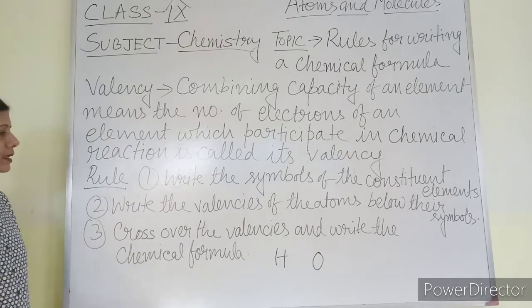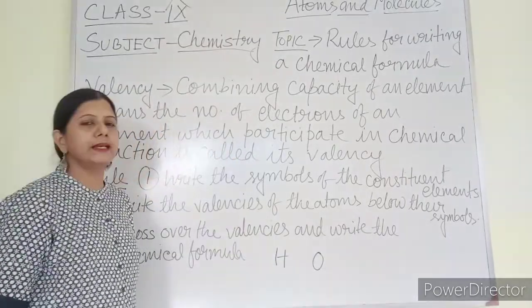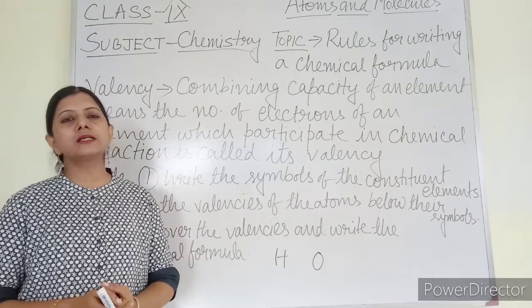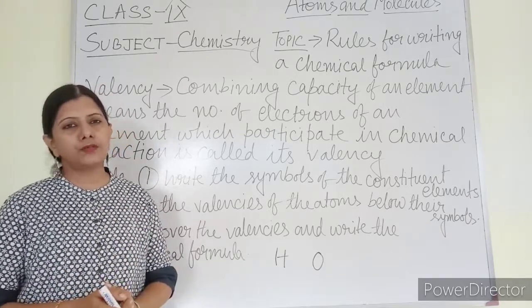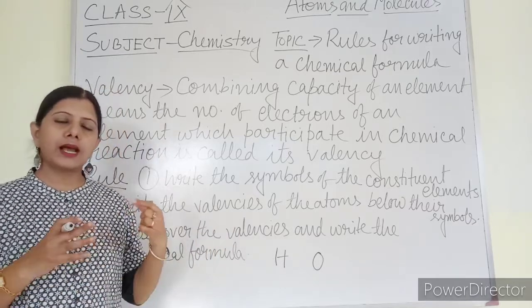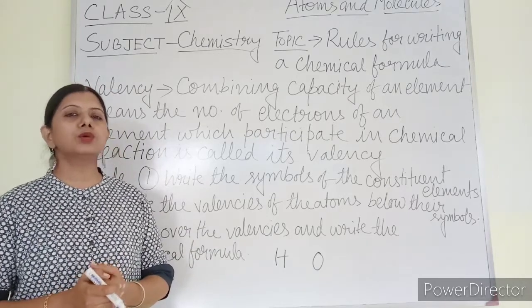Second rule, write the valencies of the atoms below their symbols. We have to know the valency of these elements. So at present you have to learn the valencies of some of the elements. You have to memorize those to write down the formula. In chapter 4, when you go through atomic structure, at that time you will learn how to find out the valency.